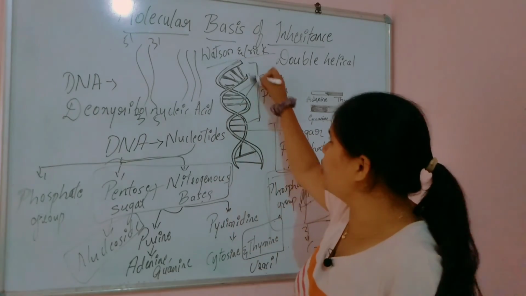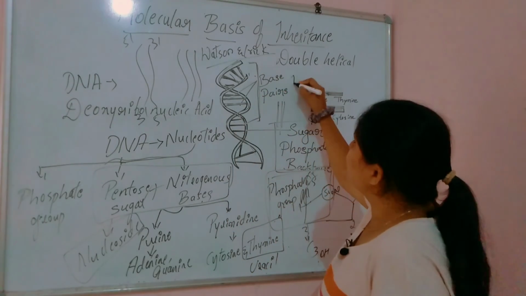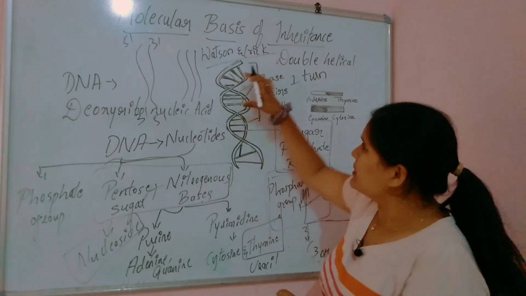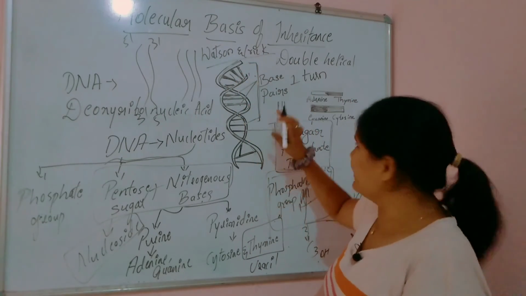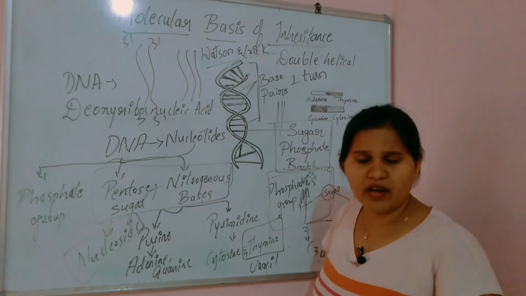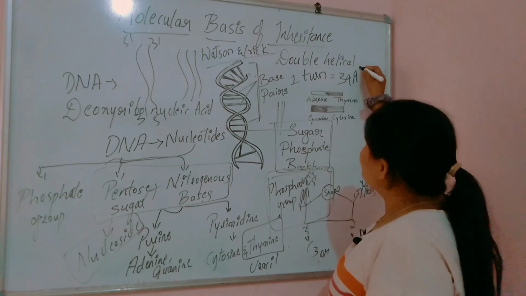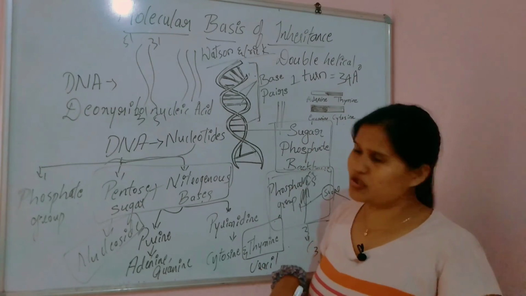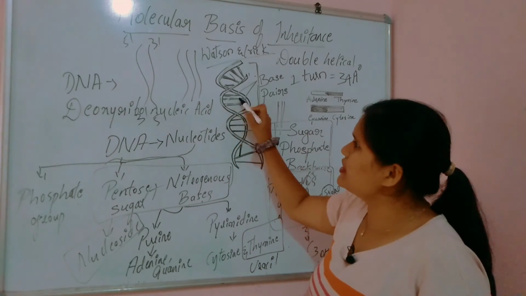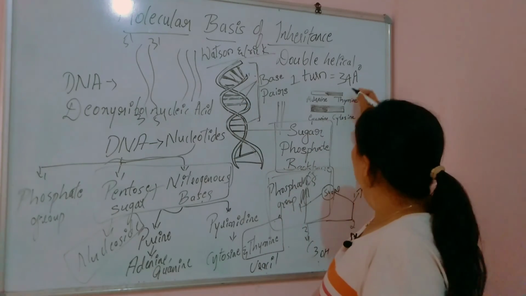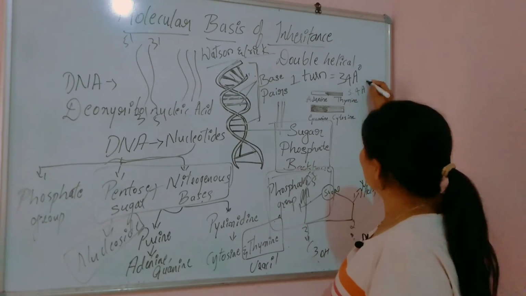And one more thing is, with this one turn, can you see this? These two parts together are referred to as one turn, not just this small one, and its length will be 34 angstrom. Very less, 34 angstrom. And the distance between the base pairs present over here will be 3.4 angstrom.